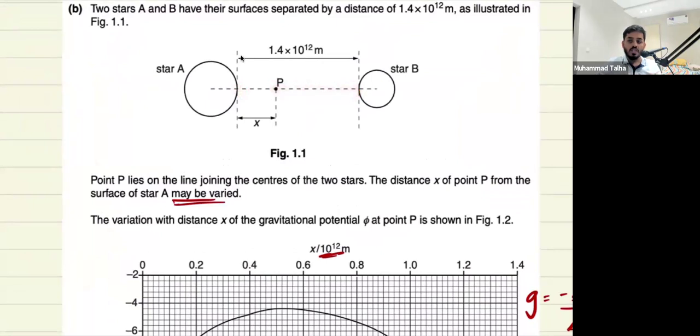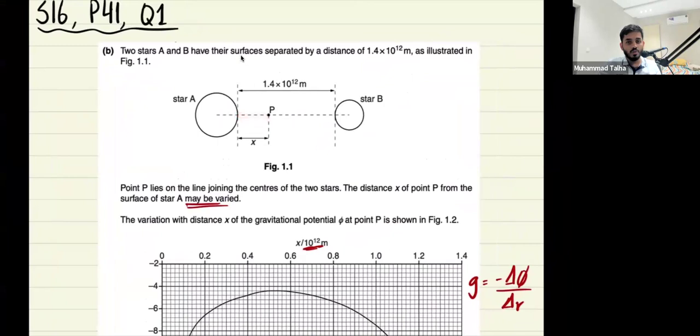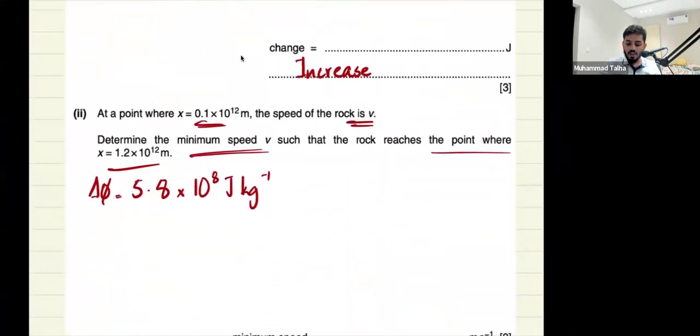So the gravitational potential energy is increasing, and in going from here to here, the kinetic energy would be decreasing. So we have this delta phi, we again use m delta phi, and set that equal to half m v squared. And that's how we would do this. Again, you don't even really need m here.